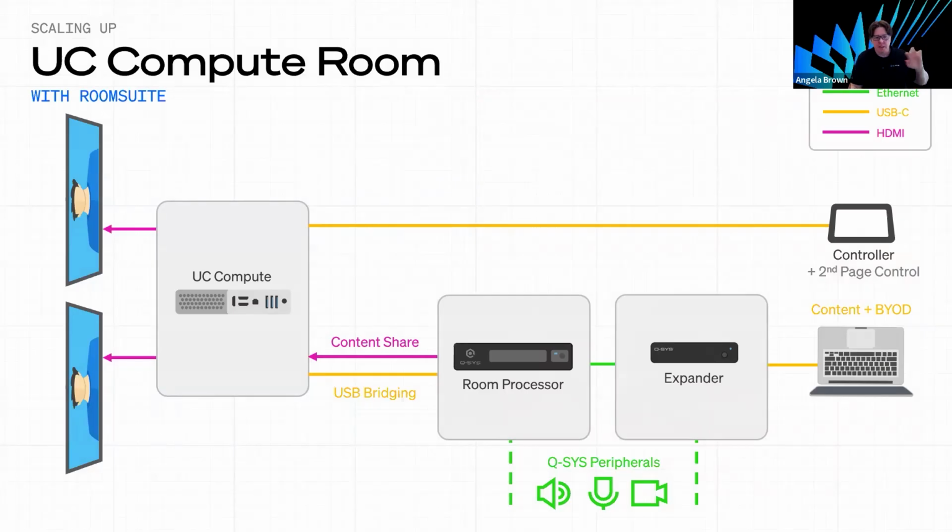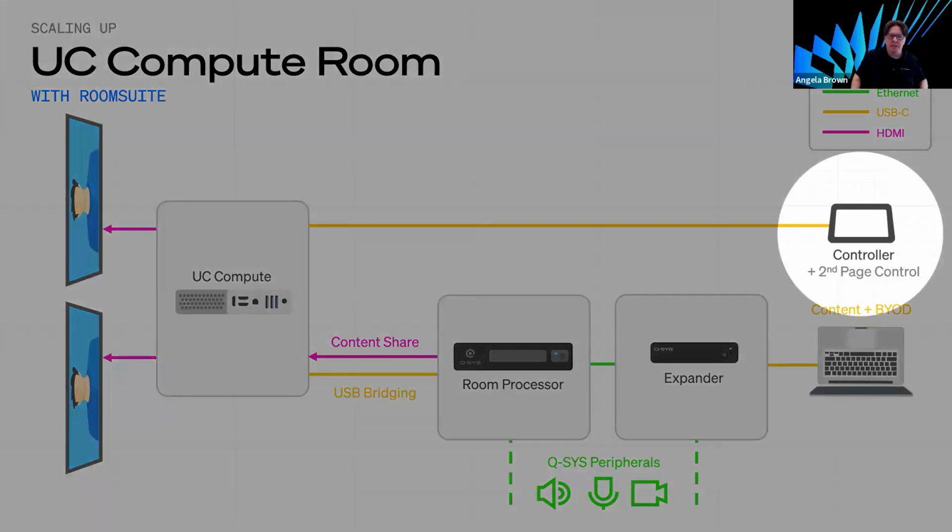Let's look at this system again. So we've talked about this system. Let's talk about this touch panel in a little bit of detail. That controller is connected to the UC compute. The UC compute is actually hosting, let's just say Zoom. The Zoom UCI or the Zoom touch panel is natively being hosted on that controller, right?